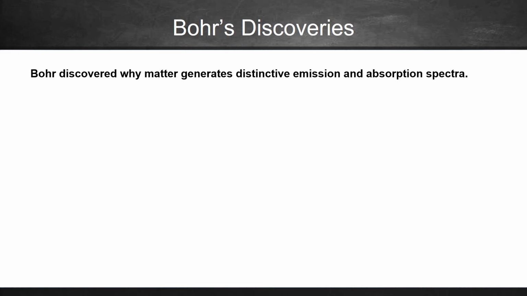Let's quickly review the big ideas and discoveries that Bohr gave to us to help us understand the nature of the atom. Bohr discovered why matter generates distinctive emission and absorption spectra. Electrons are confined to orbits, and when they are excited in an absorption process, they move to higher energy orbits.